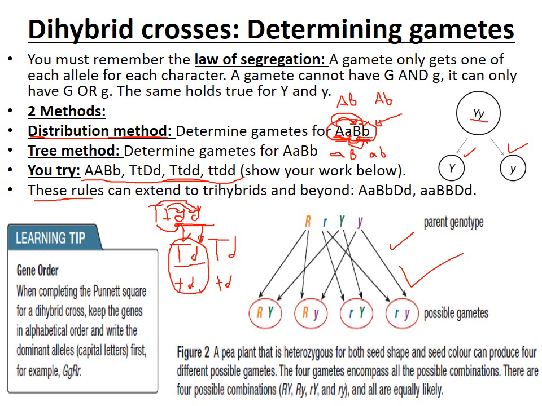So I could do the distribution method for a trihybrid individual here and figure out the gametes. So I could say that some of the gametes will have big A in it, and so it could be big A with big B with big D. Or it could be big A with big B again, but this time with little d.